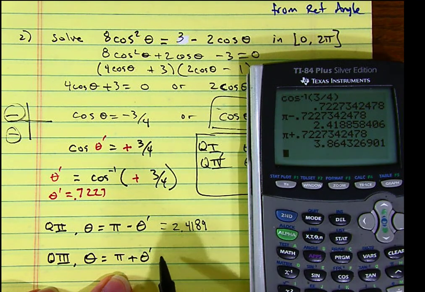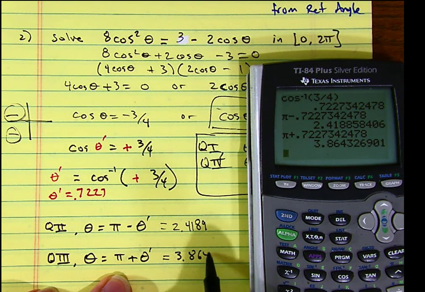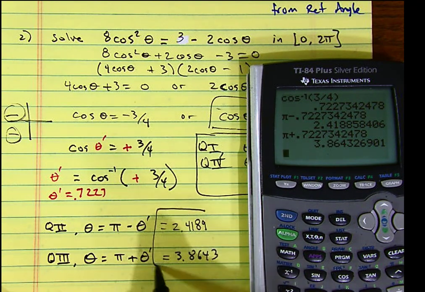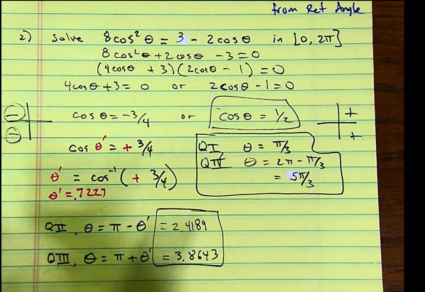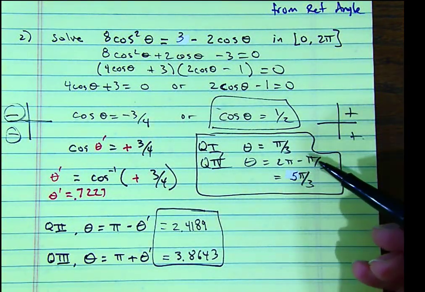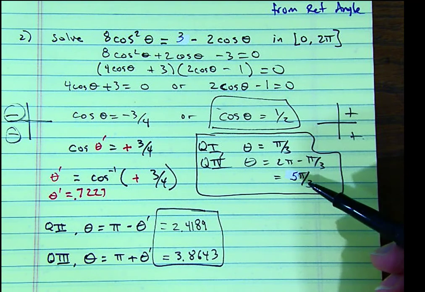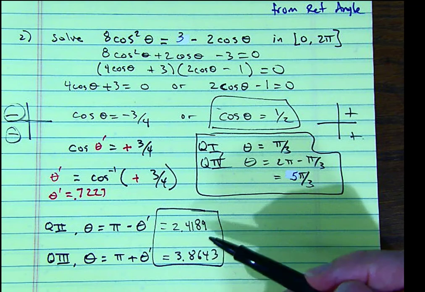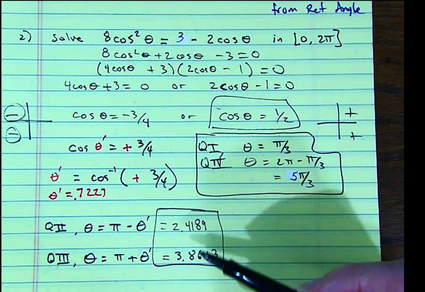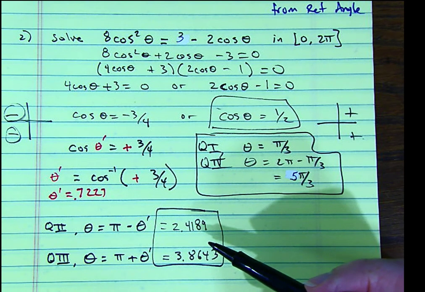And we'll get 3.8643. There's our two solutions. But we actually have 4 solutions. These happen to be exact fractions of pi, they're just not very nice fractions, and so we just resort to using the decimal value.